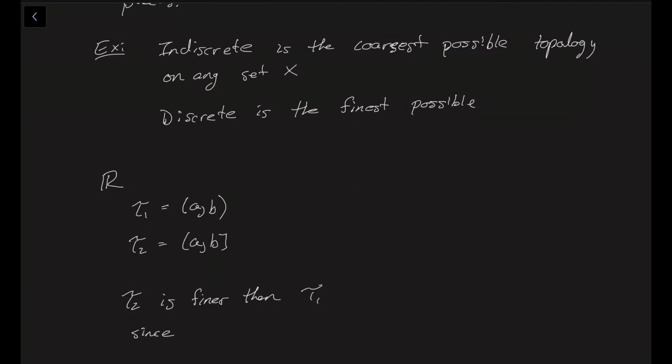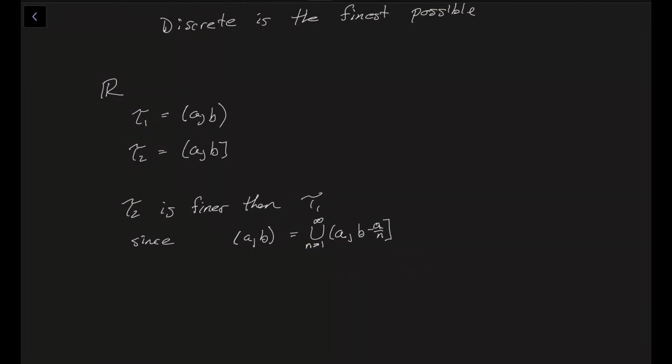Now, tau 2 is actually finer than tau 1 because we can construct open intervals from these half open intervals by just taking unions. So we can create (a, b) from the union of [a, b - 1/n) as n ranges from 1 to infinity.